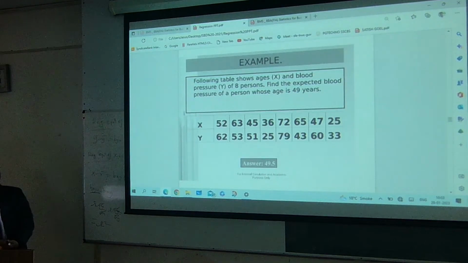Okay, I want to develop a regression model only for sample data, and using that model I would estimate for the entire population. This is my aim.